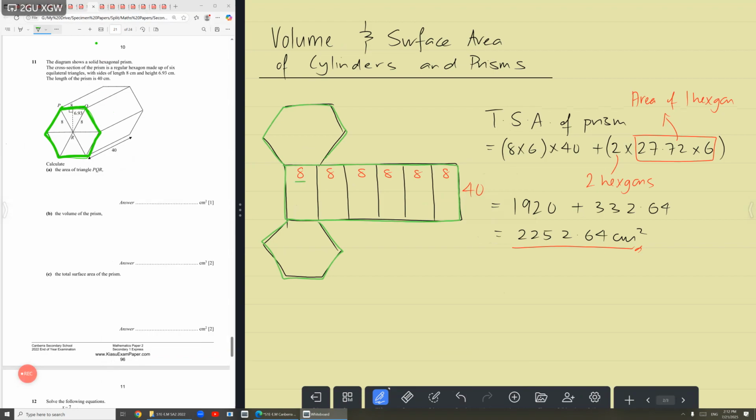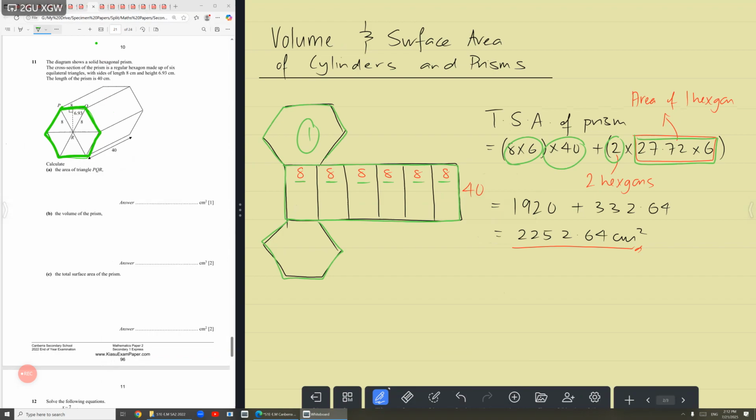The one rectangle has a length of 8 cm, so 8 cm here. So you have 1, 2, 3, 4, 5, 6 rectangles, right? So that's why we take 8 multiplied by 6 here, multiplied by 40, which is the length. So this is the surface area of those 6 rectangles. All right, and then for the 2 hexagons, we need to take 2 multiplied by the area of 1 hexagon here.